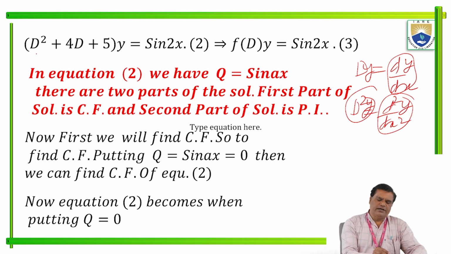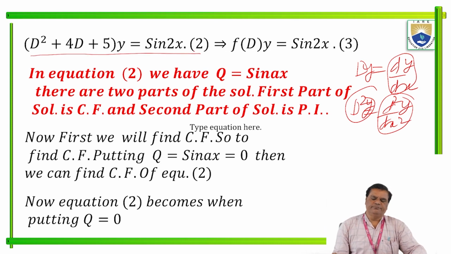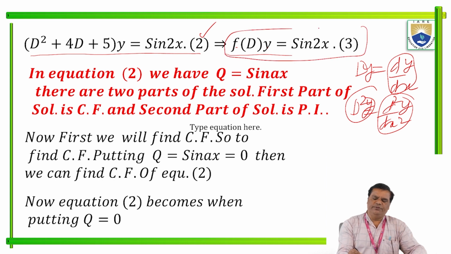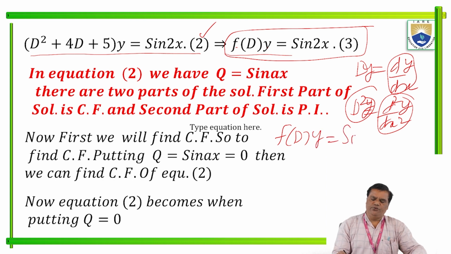Then our equation converts into this equation. This is equation 2. This equation is in the form f(D) y equal to sin 2x. This is the form of the equation.